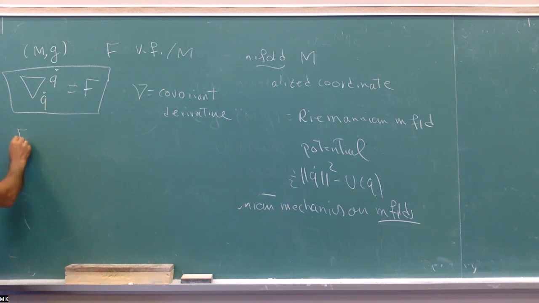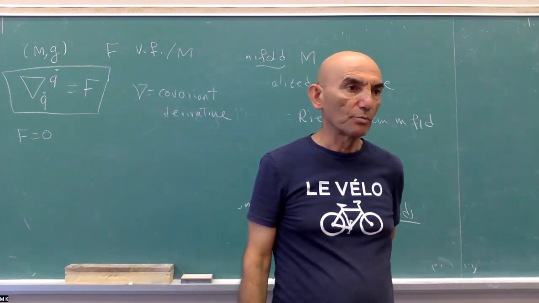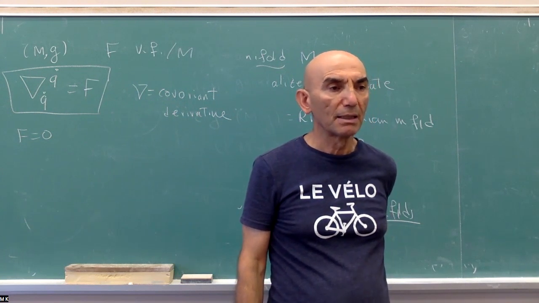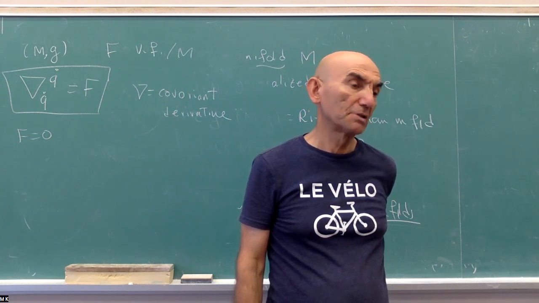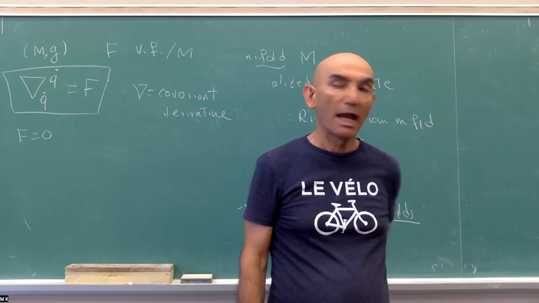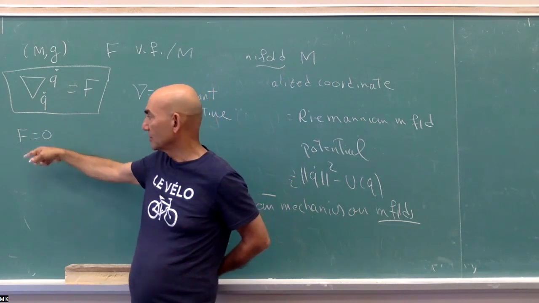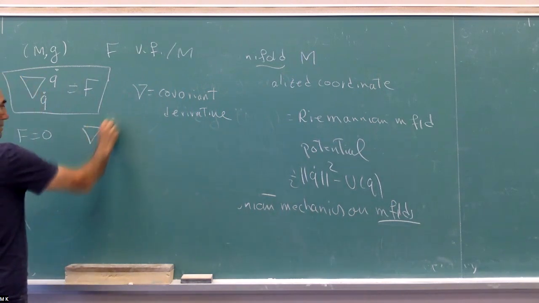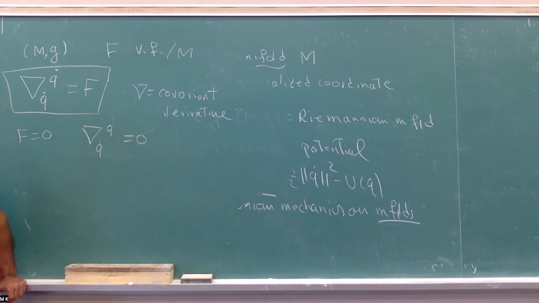So if F equals 0, remember we discussed a special case of Newton's equations, in vacuum for example, where there was no force. What was the equation in that case? The acceleration is equal to 0, right? And the solutions were straight lines. And this is exactly acceleration in Riemannian geometry. You remember what this equation stands for?